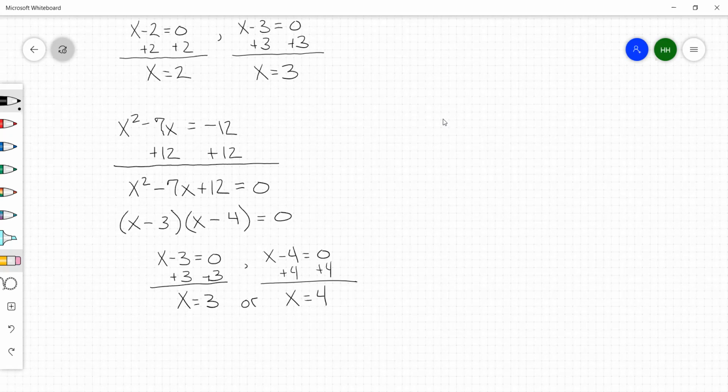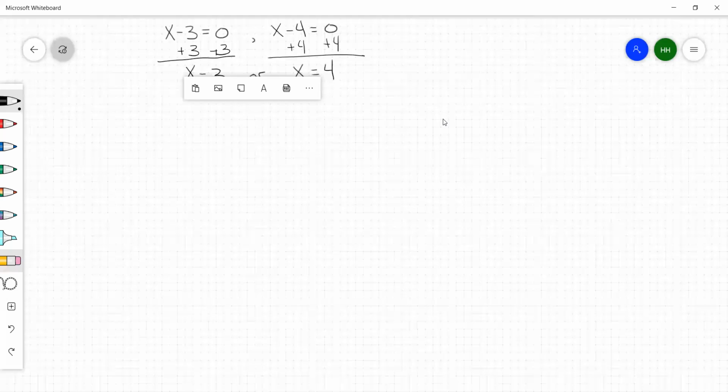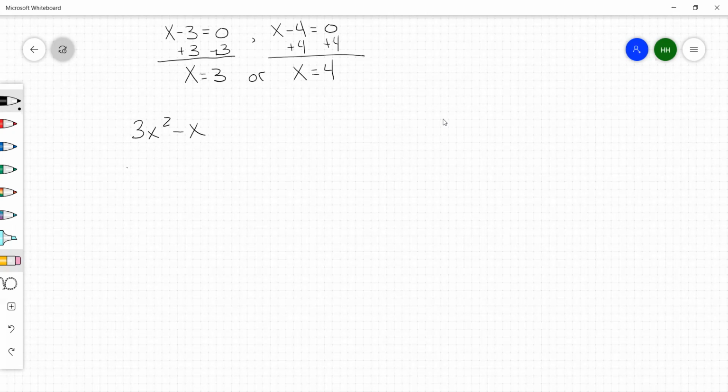All right, so let's try this. 3x squared minus x equal to 2.